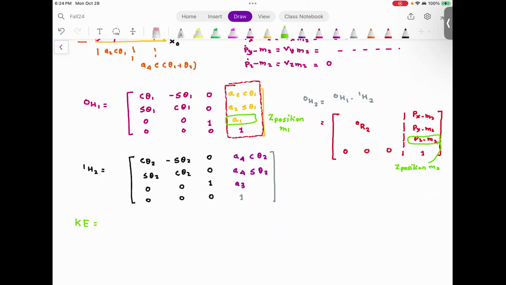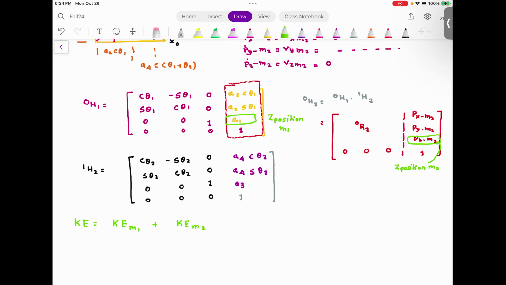There are two masses, so there will be the kinetic energy of mass m1 plus the kinetic energy of mass m2. Do you agree with me? Now, kinetic energy depends on velocity. Velocity is a vector.